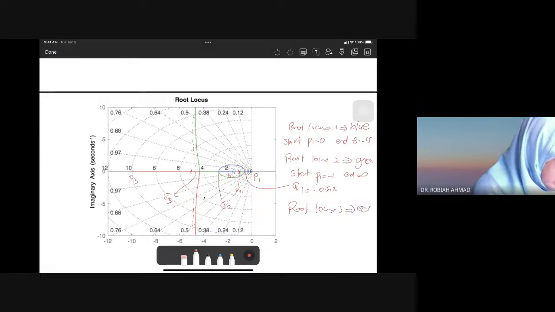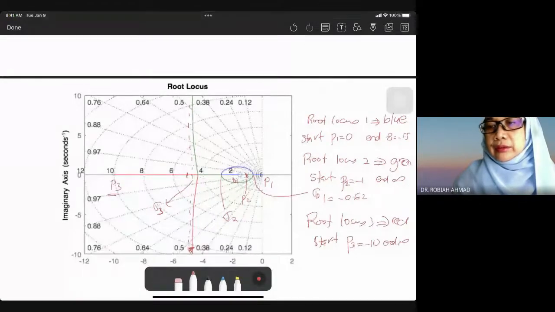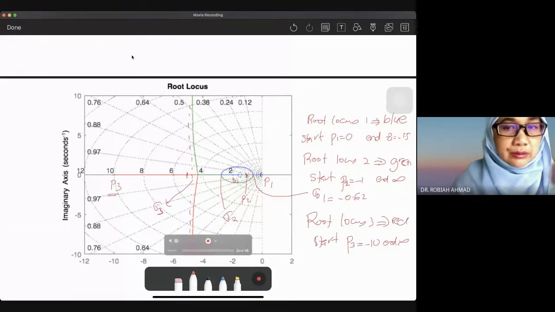Okay, it starts at P3 here, and then it breaks at breakaway number 3, then it goes down to infinity. Okay, so far, class, so good.